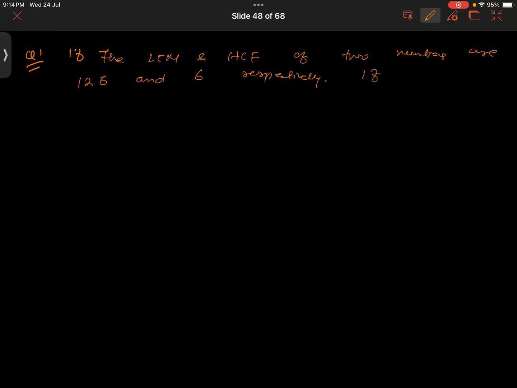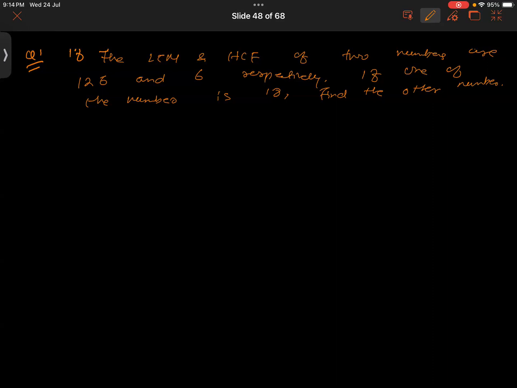The question is that if the LCM and HCF of two numbers are 126 and 6 respectively, and the question further says that if one of the numbers is 18, find the other number.